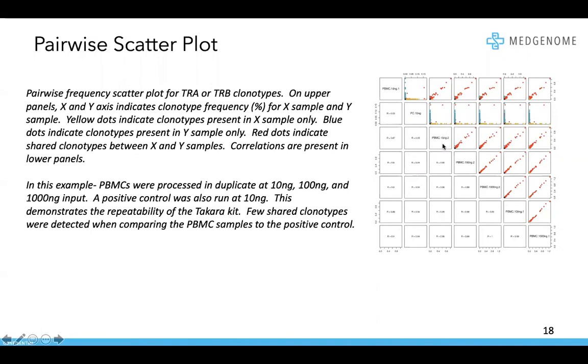But if you compare the PBMC from one sample to PBMCs from the positive control, there are very few shared clonotypes, and most of them are unique. This is really useful, because a lot of clients are looking for common clonotypes amongst different samples, different tissues, different patients. So this is a really great way to capture that. And the statistics are here in these side boxes.